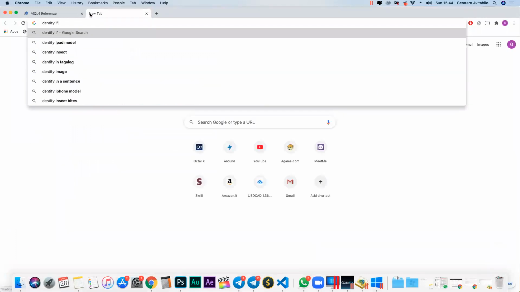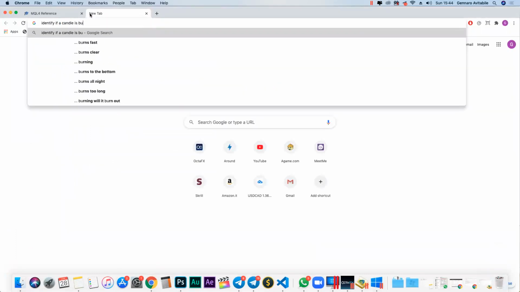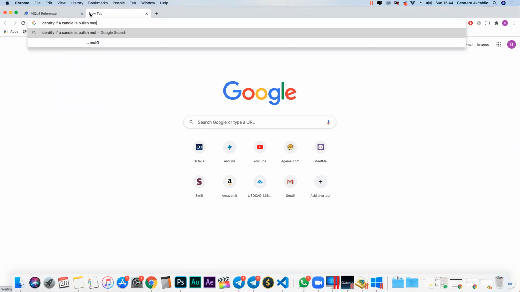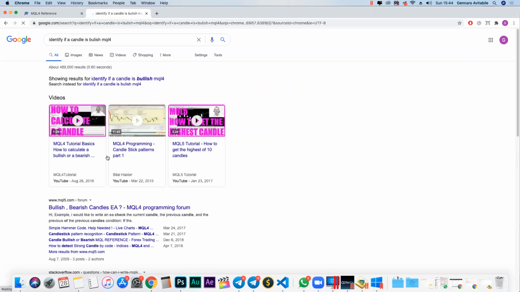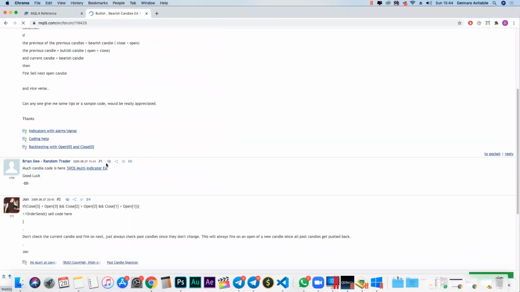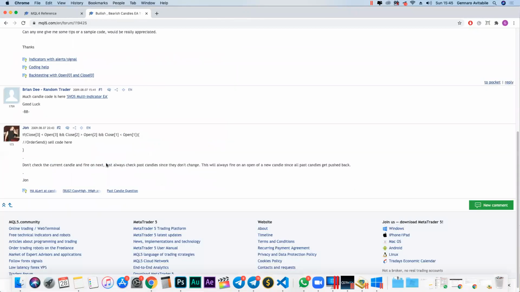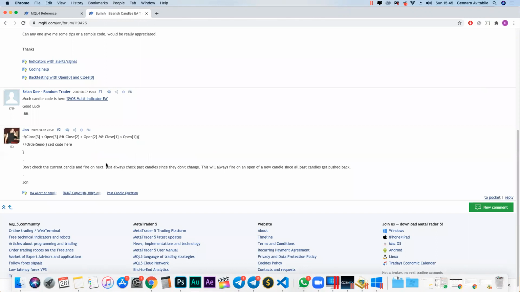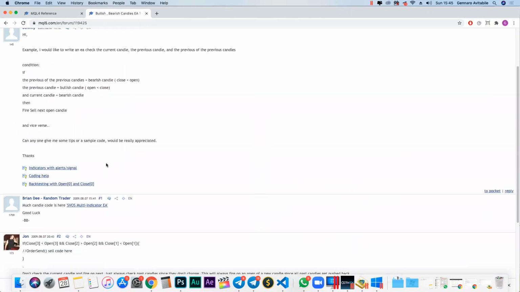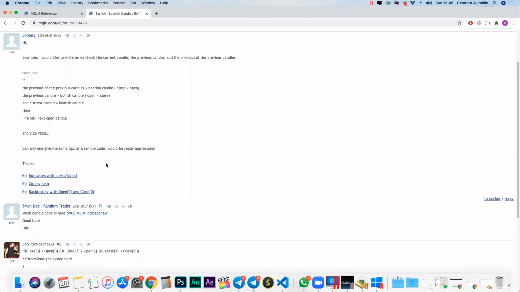Identify if a candle is bullish, MQL4, because maybe there is already a function for this. I guess there is not. We need to figure out ourselves if the candle is bullish or not.